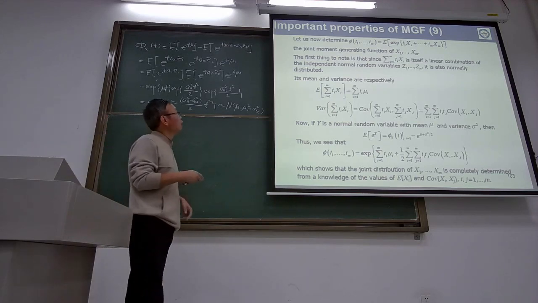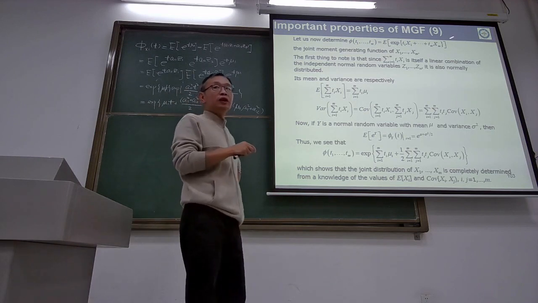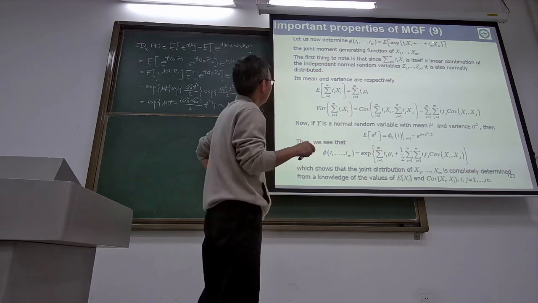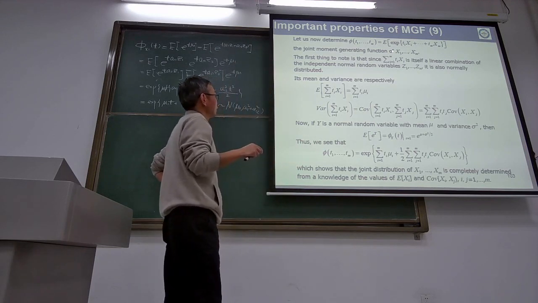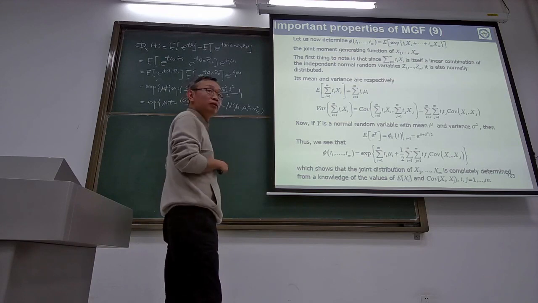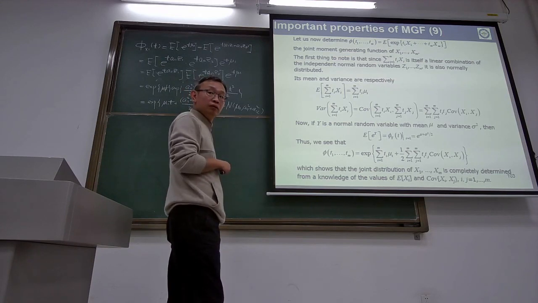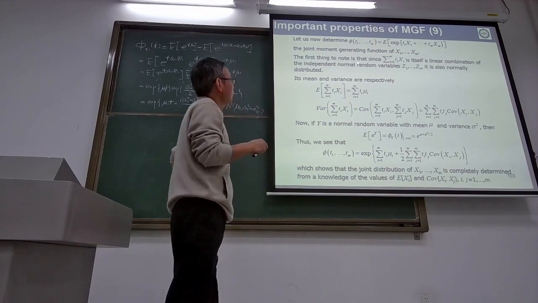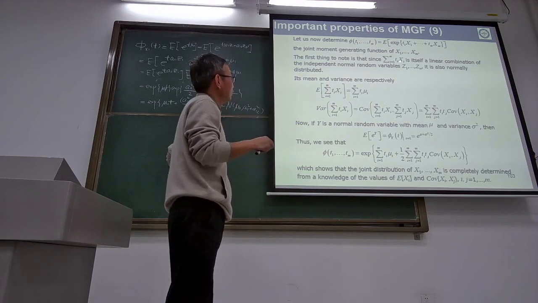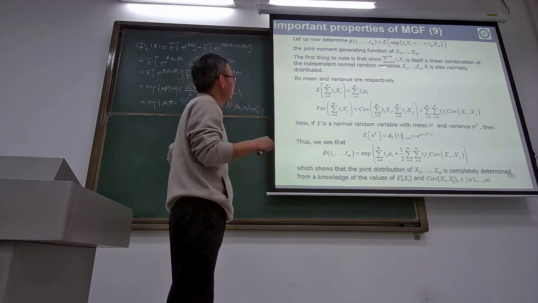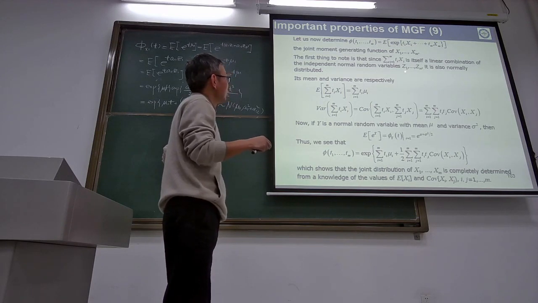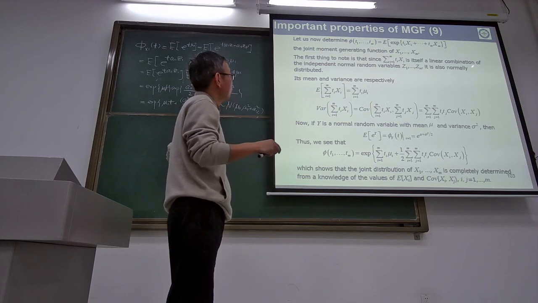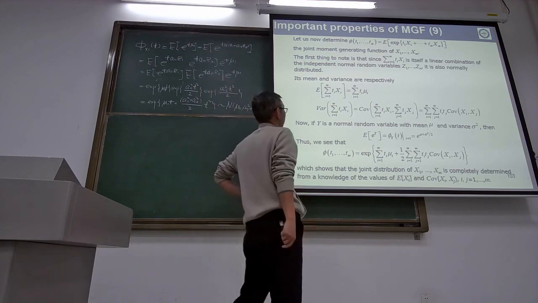Let's now determine the joint moment generating function, that is, the joint moment generating function of X1 to Xn. The first thing to note is that this one is itself a linear combination of independent random variables Z1 to Zn, so it's also normally distributed.